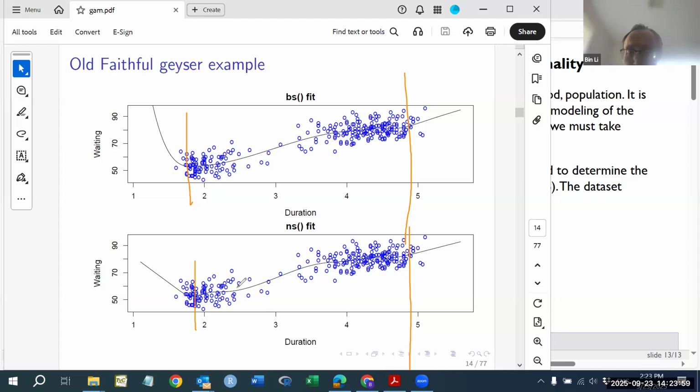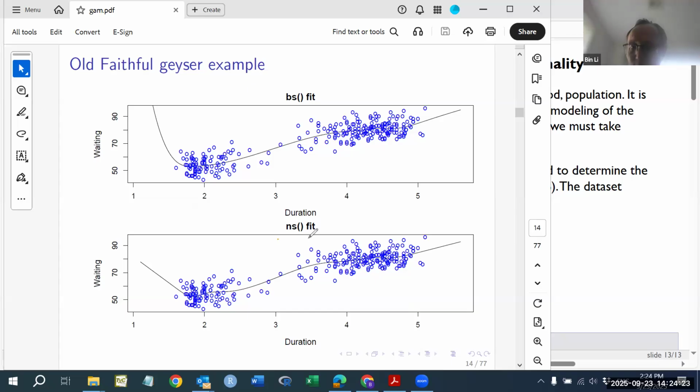But the natural spline shows more curvature because what? Because it has more interior knots. If we have more interior knots, of course, the fitted curve will be smoother and more flexible, and can include more curvature. Does that make sense? So that is the benefit of using the natural spline.